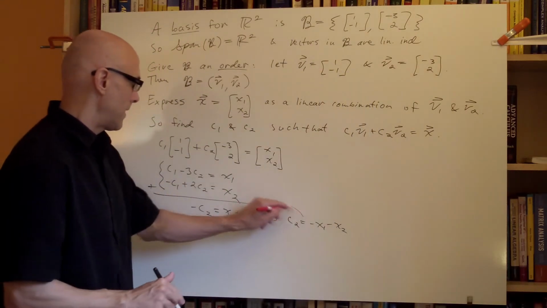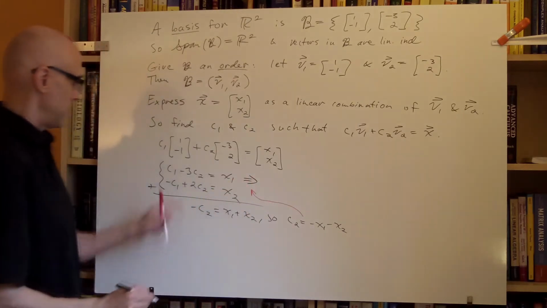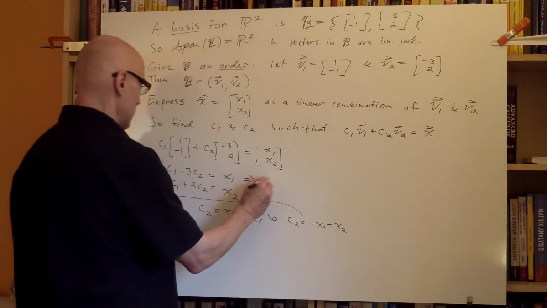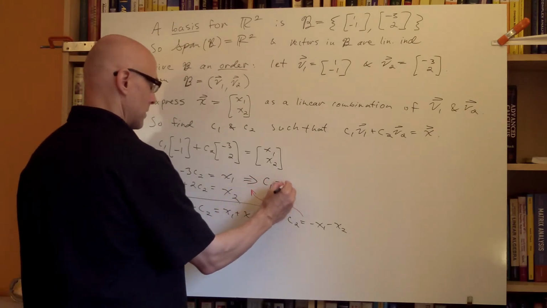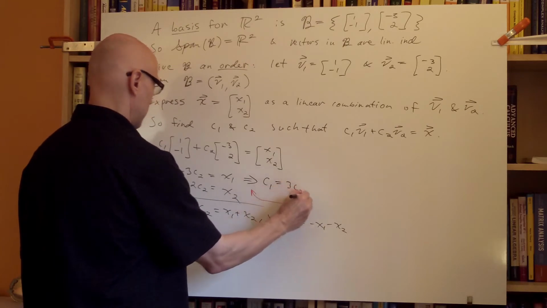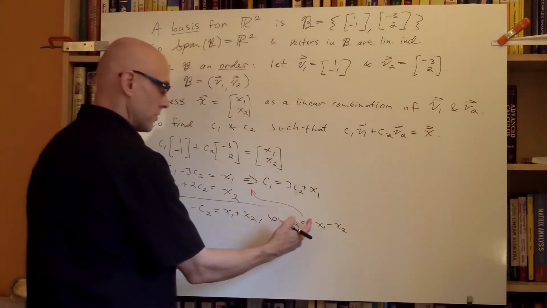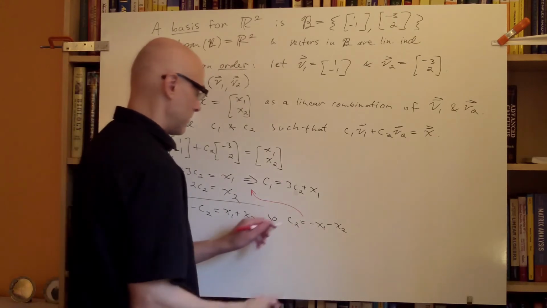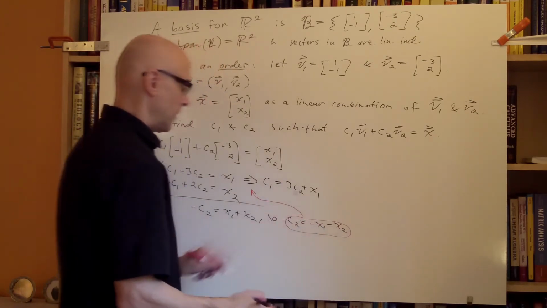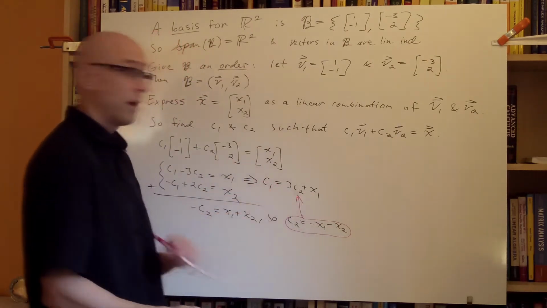Then we go ahead and put that into, say, this equation. Here you see that C1 is 3 C2 plus x1, and the C2 we substitute in, probably should point to that there.